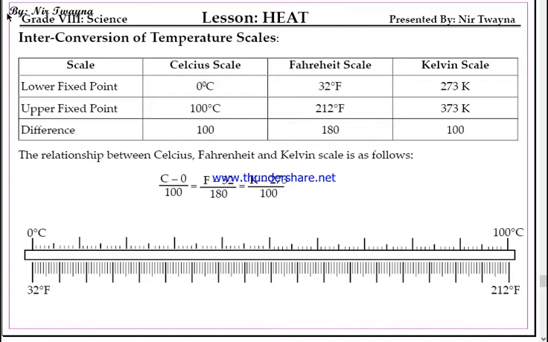And then we also mentioned that there are 3 different scales of measuring temperature, and these scales are degree Celsius, degree Fahrenheit, and Kelvin. Degree Celsius and degree Fahrenheit are conventional scales which have been on the earth for more than 1000 years.